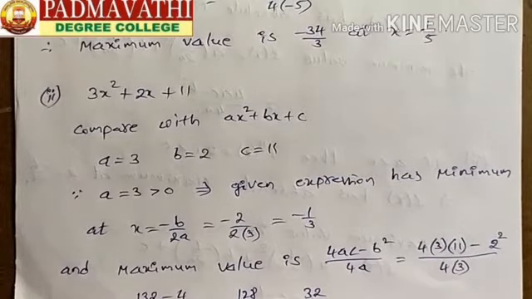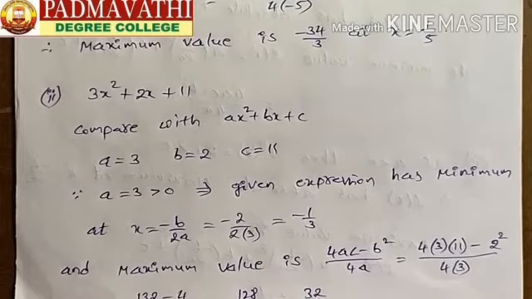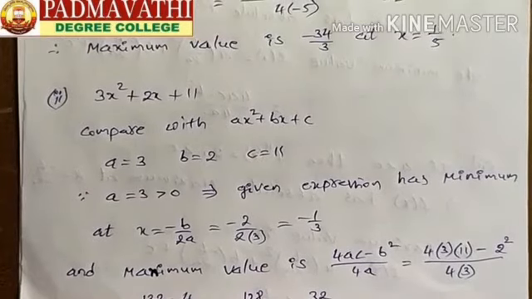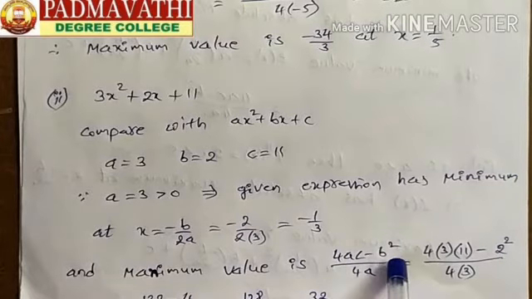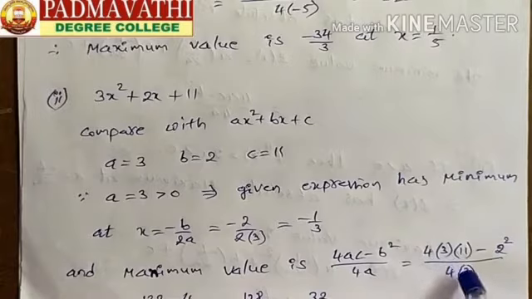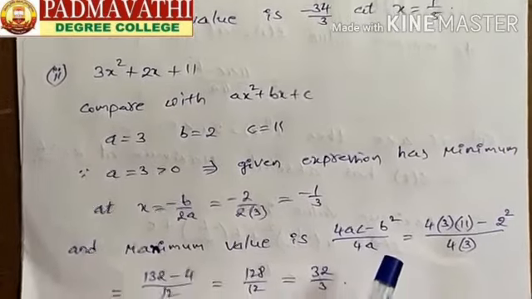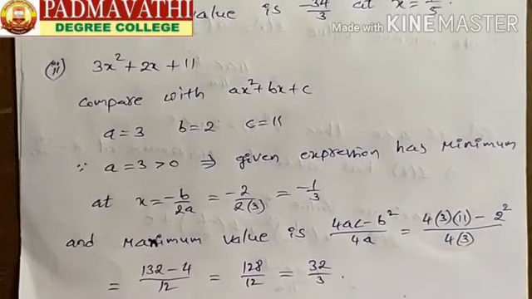So at this place we get the minimum value. That minimum value we need to find, and the minimum value is 4ac minus b square by 4a. So we substitute: 4 into 3 into 11 minus 2 square by 4 into 3. By simplification we get 132 minus 4 by 12, which is equal to 32 by 3.